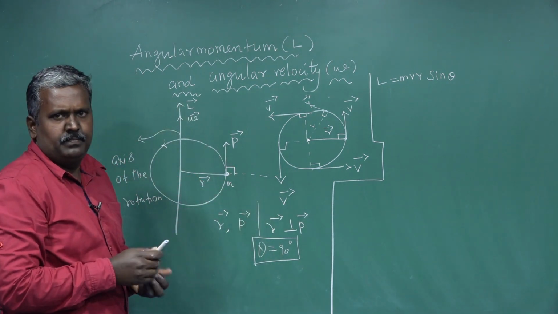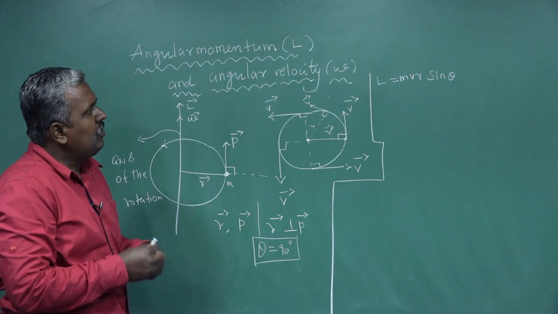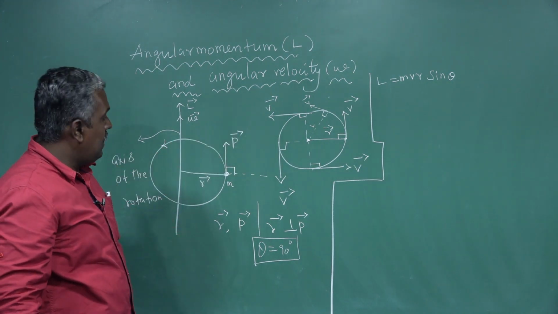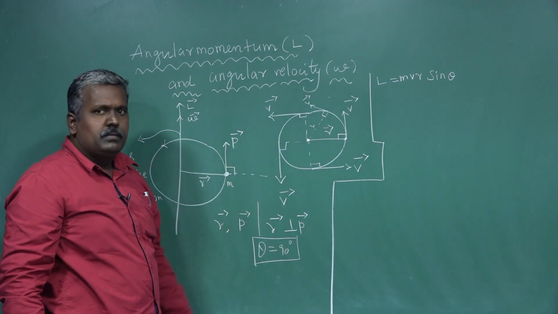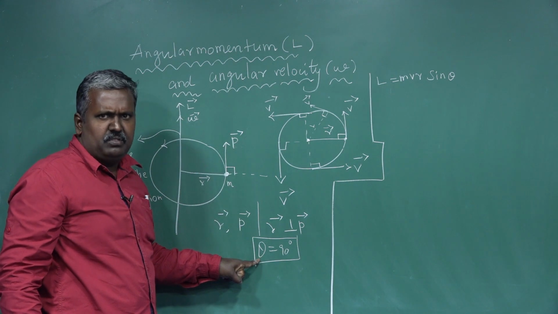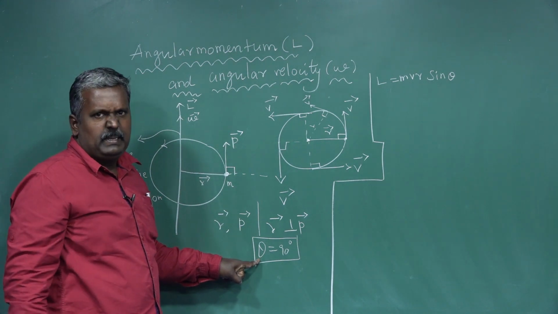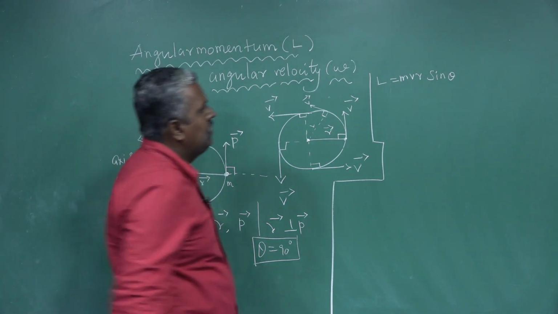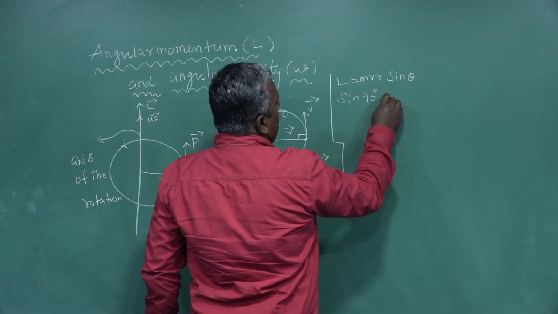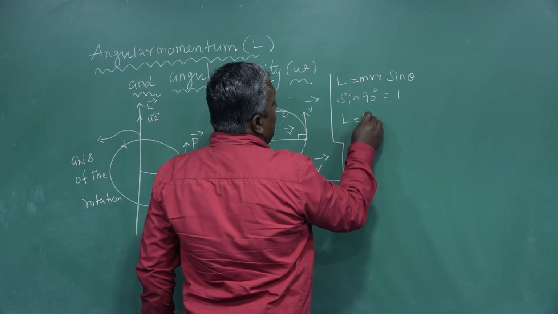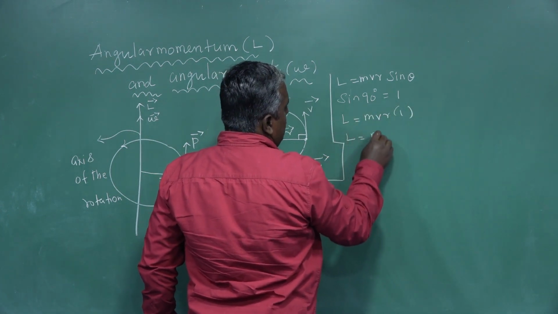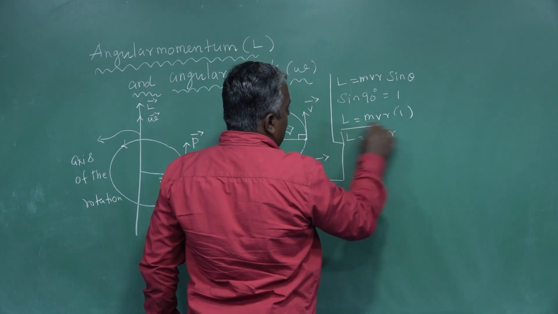Therefore L is equal to mvr sin theta, where theta means the angle between R vector and P vector. Theta is equal to 90 degree, sin 90 is 1. So L is equal to mvr.